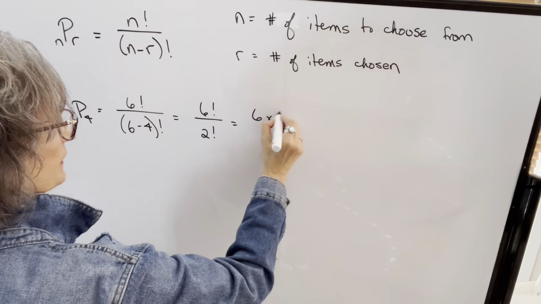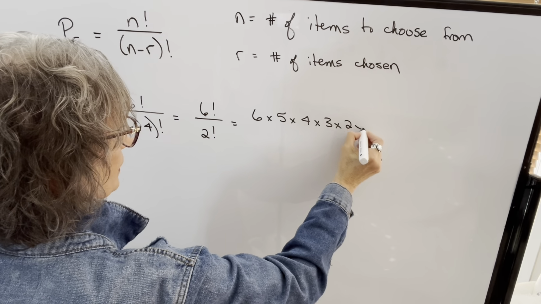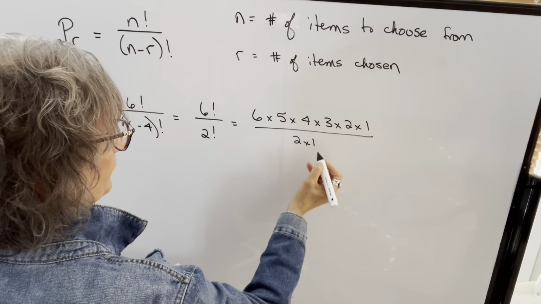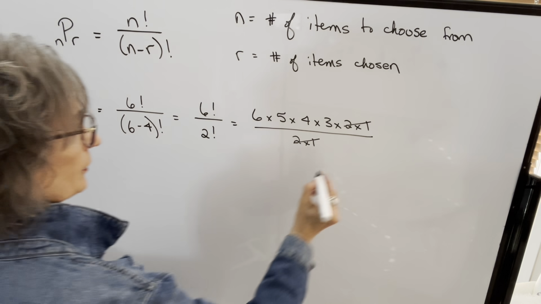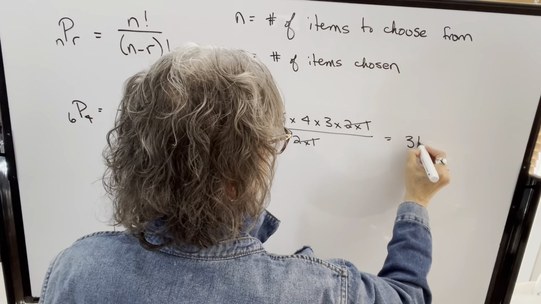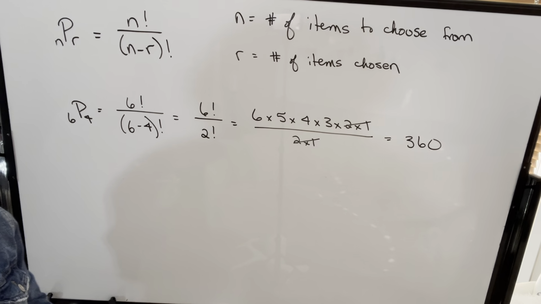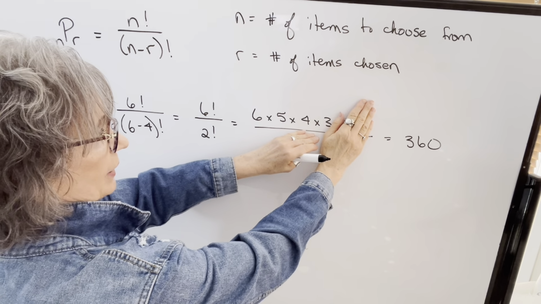So that's going to be equal to 6 times 5 times 4 times 3 times 2 times 1 over 2 factorial, which is 2 times 1. 2 times 1 will cancel, numerator and denominator, and then we're left with 6 times 5 times 4 times 3, which is 360. And remember, that's actually how I did it using the multiplication principle.